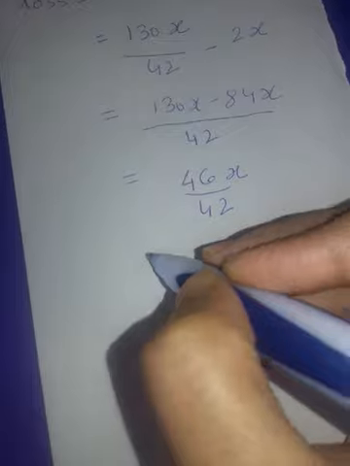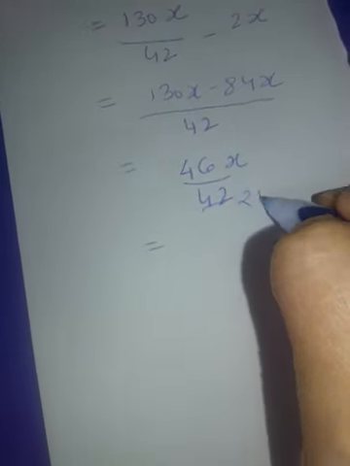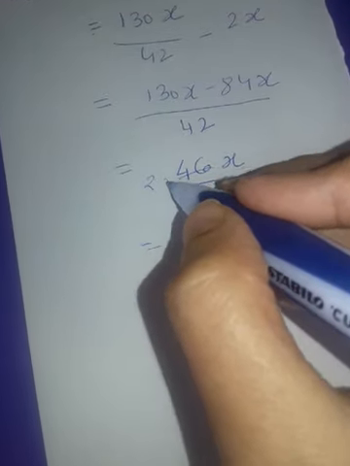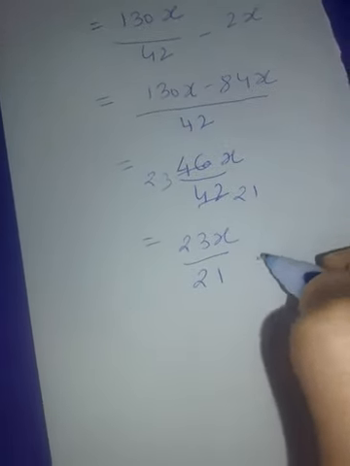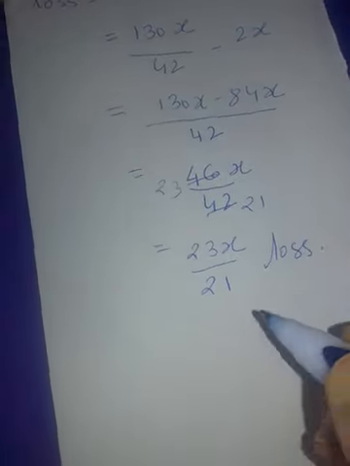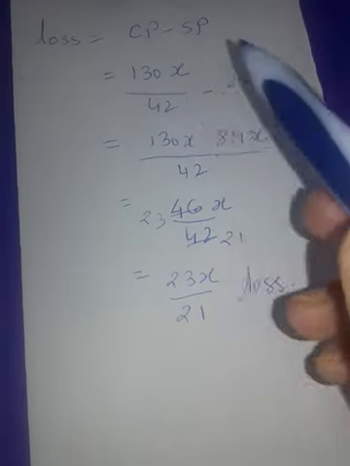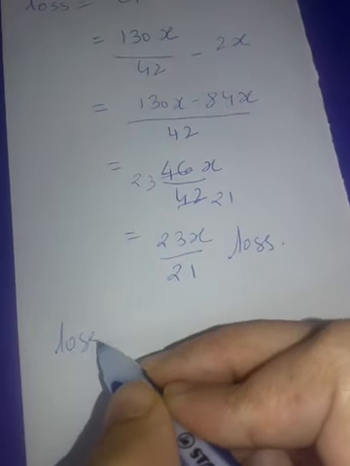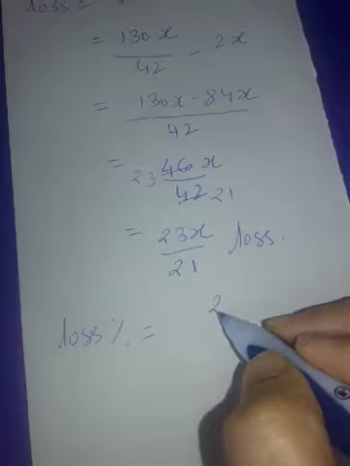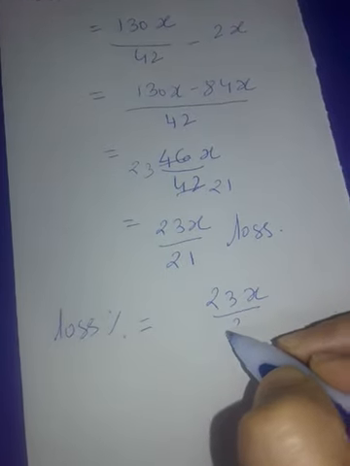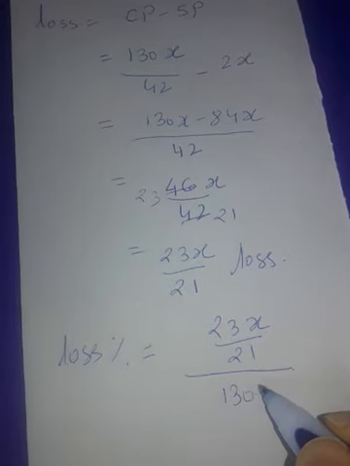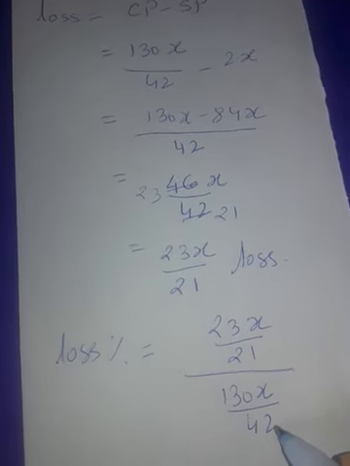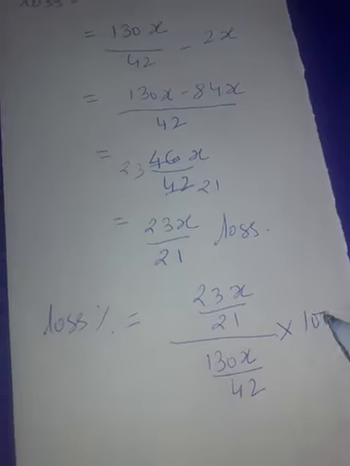Now I can divide by 2. So this is 23x upon 21. This is the loss. Correct? And the cost price is this. So the loss percent will be how much? 23x upon 21 divided by 130x upon 42 into 100.